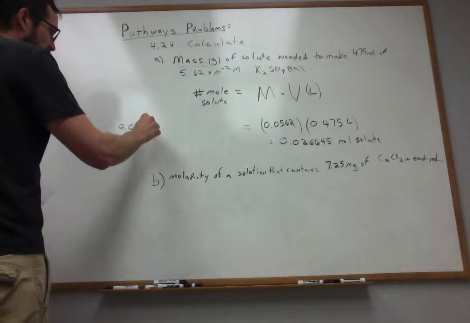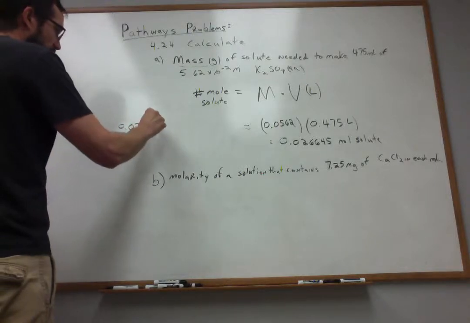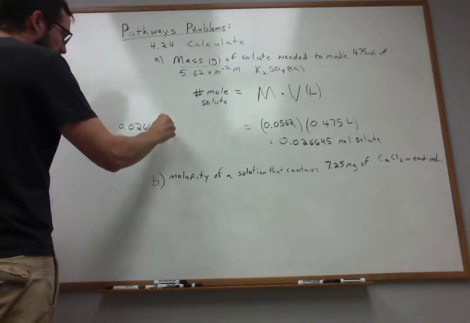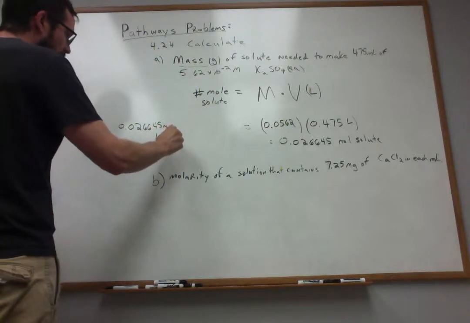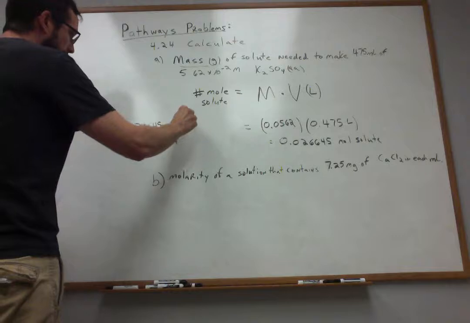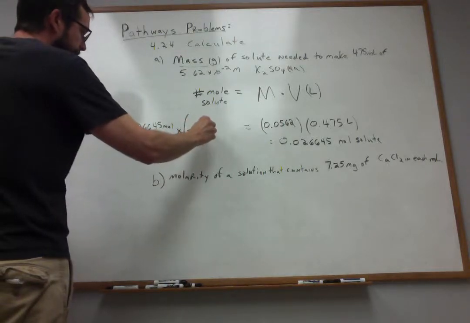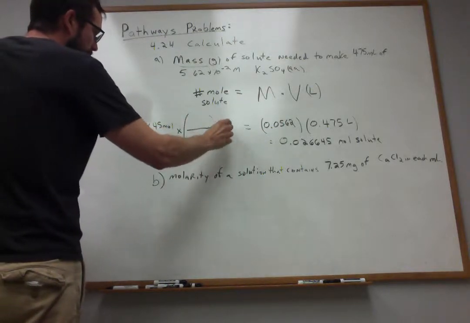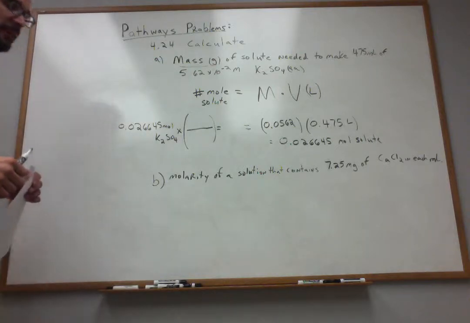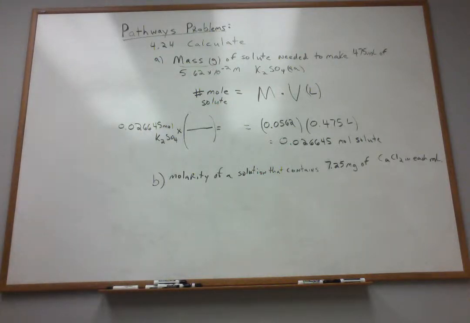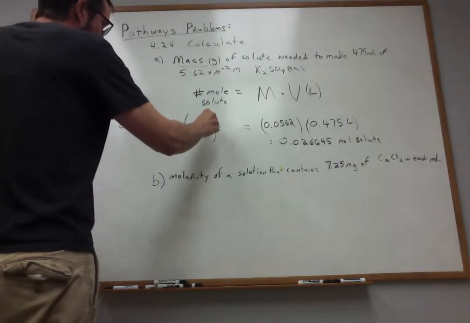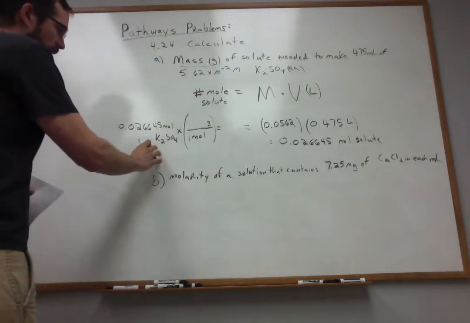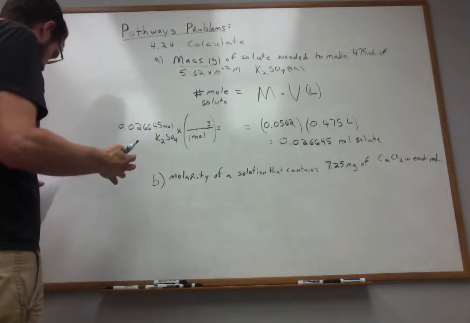So I'm going to rewrite this: 0.026645 mole of my solid. Here that's K2SO4. I need to convert it into grams. So how can I do that? Well, if I know what the mass in grams of 1 mole of the K2SO4 is, I'm in business, right?